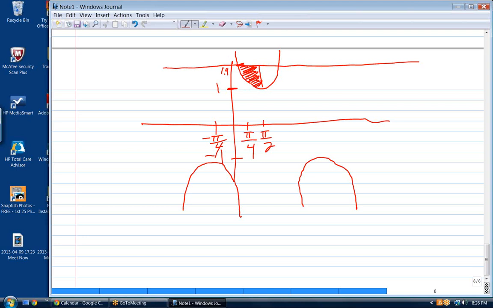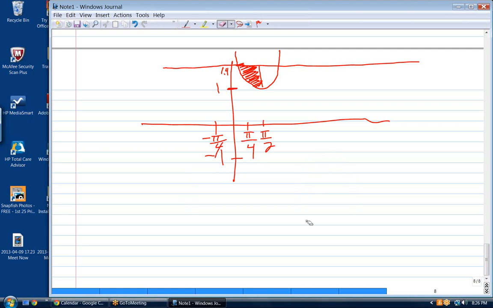Unless they want the bottom part here. I think they do. No, they don't. Enclosed by this area, so it's got to be this part right here. So we don't need to consider any other cycles of secant.